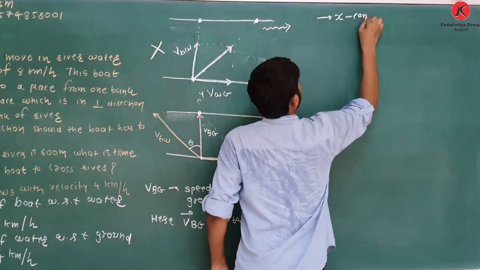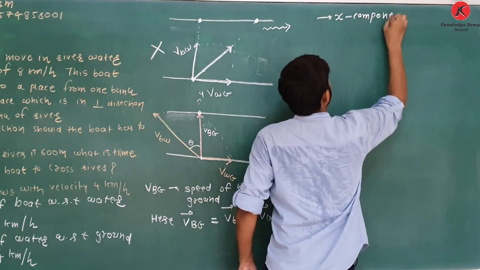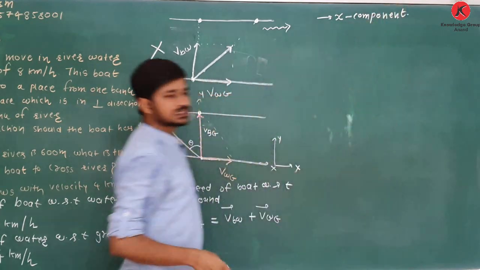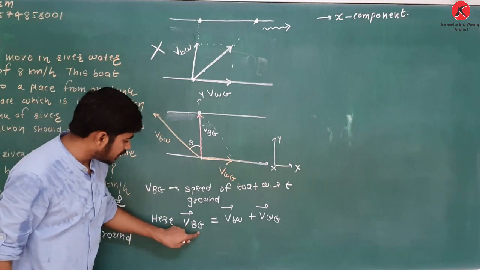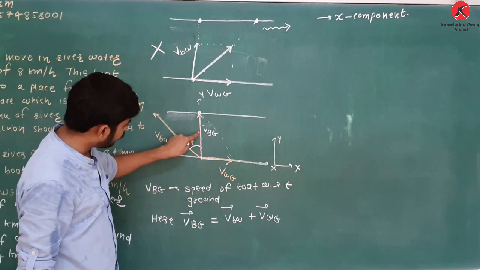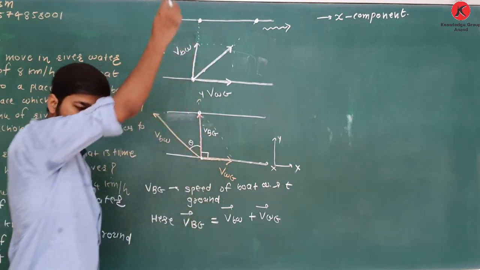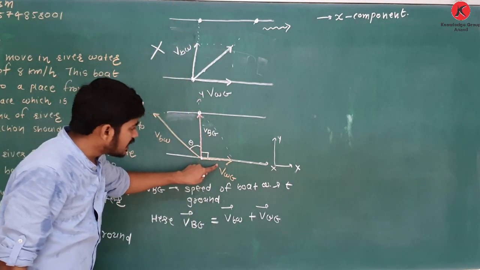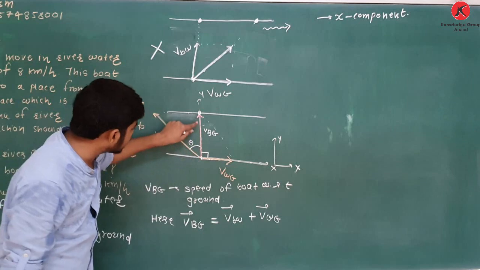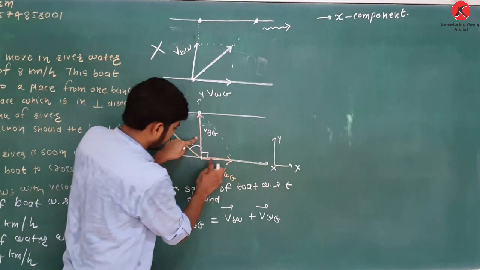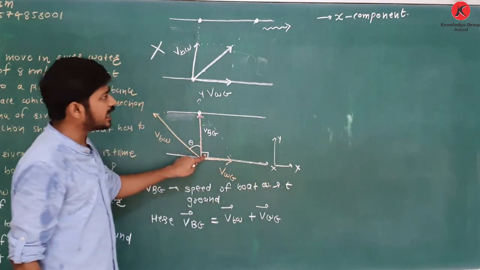Take x component. See, VBG, here it is, VBG. VBG makes an angle of 90 degrees with the x-axis. See, it is clear. It is VBG, it is the x-axis, it is making an angle of 90 degrees.